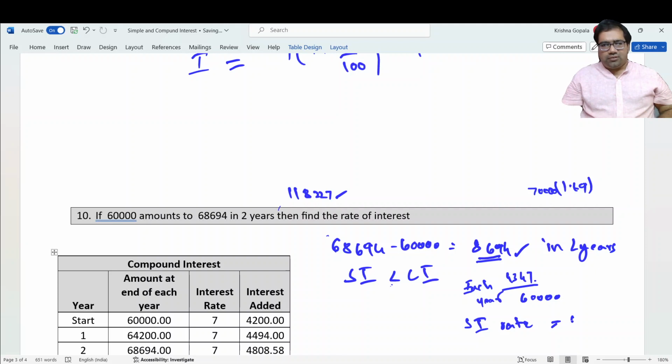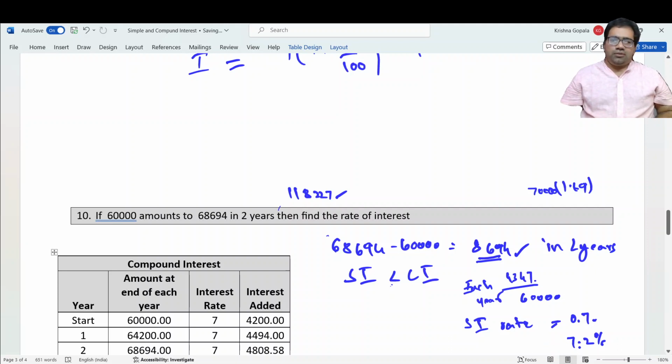So roughly it is around 7.2%. 4347 by 6 is equal to 7.2 something. Okay, this by this.